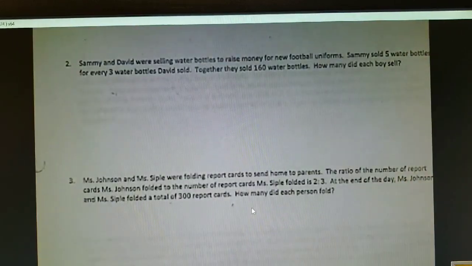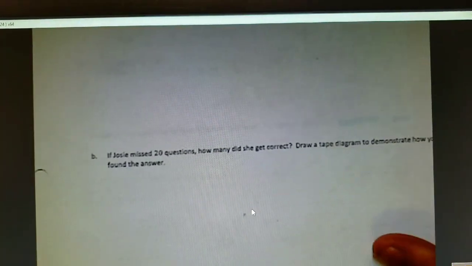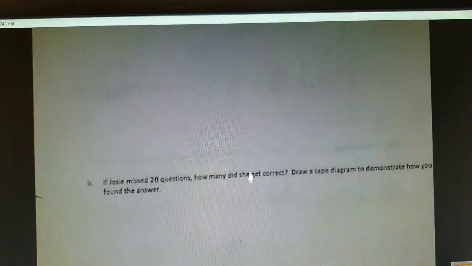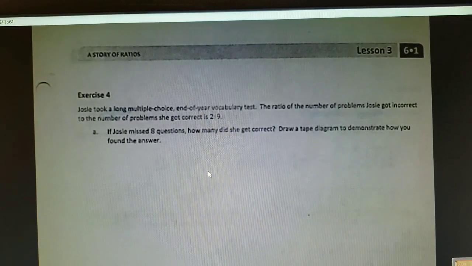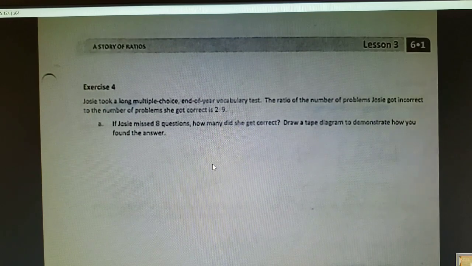We're going to also take a look at exercise 4 really quick, in case you had any questions on that one when we went over it for notes. Exercise 4 says, Josie took a long multiple end of the year vocabulary test. The ratio of the number of problems Josie got incorrect to the number she got correct was 2 to 9.